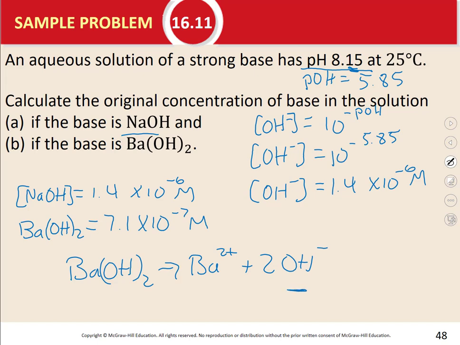So whatever this number is, to go from hydroxide to barium hydroxide, it would be times barium hydroxide over 2 hydroxides, because it is 2 to 1. So that's why we took the concentration divided by 2. Stoichiometry. So that's how to find the pH of a strong acid or a strong base.